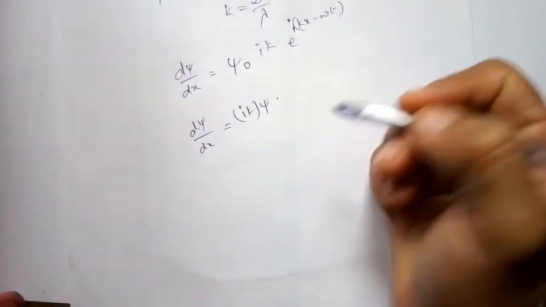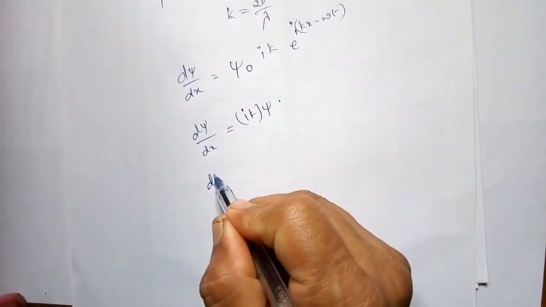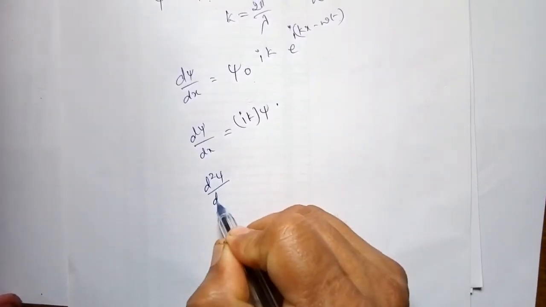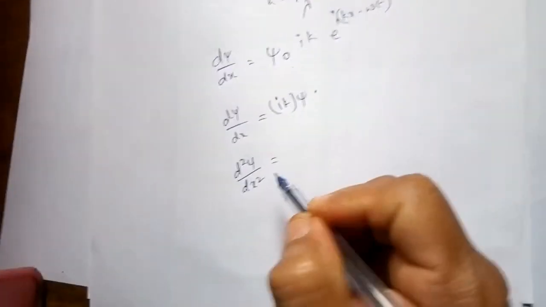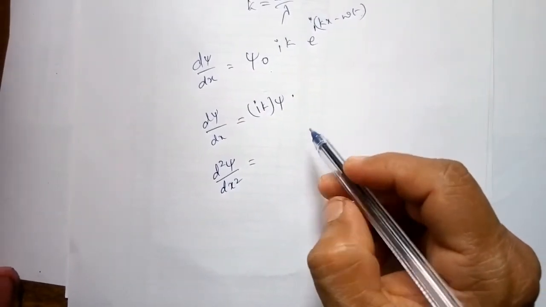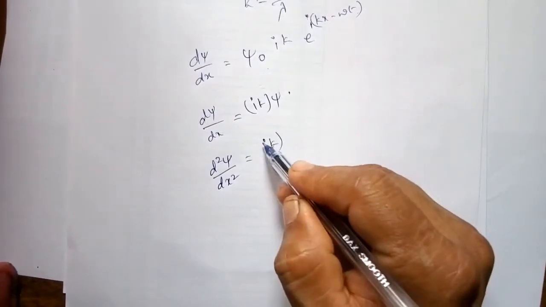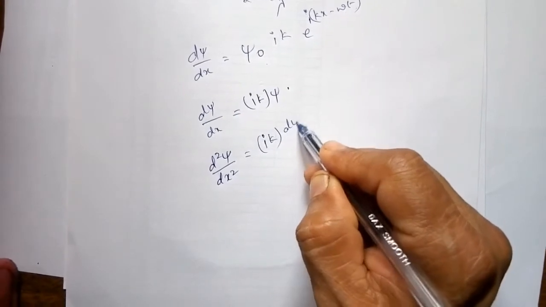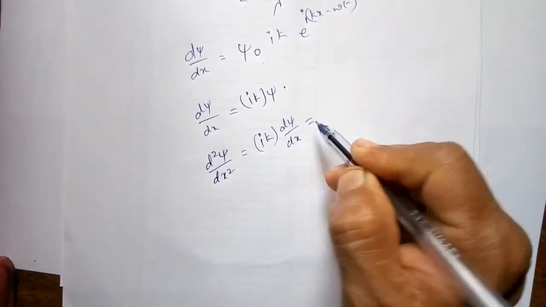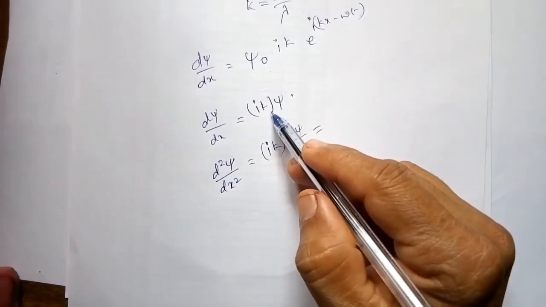Let us find the second differential, that is d square psi by dx square. Again you are differentiating with respect to x. It's nothing but ik, k is a constant, times d psi by dx, and d psi by dx is nothing but ik psi.